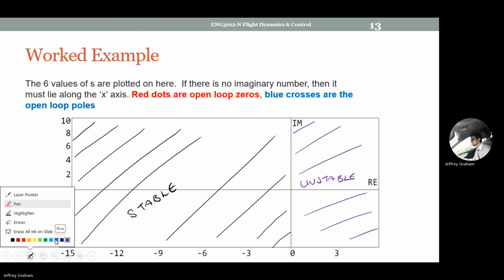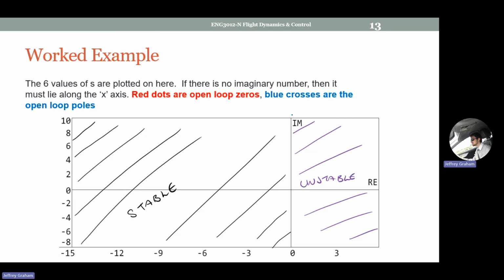Which kind of implies there's going to be this magic point on the y-axis where it goes from being stable to unstable. So at this particular point where the real value is 0, it's neutral stability.